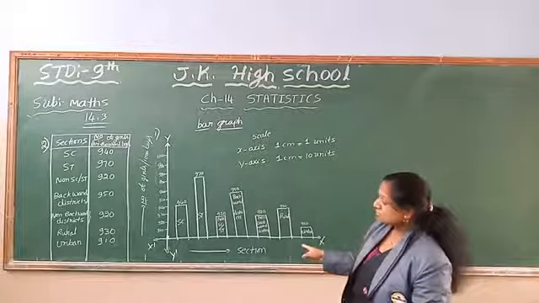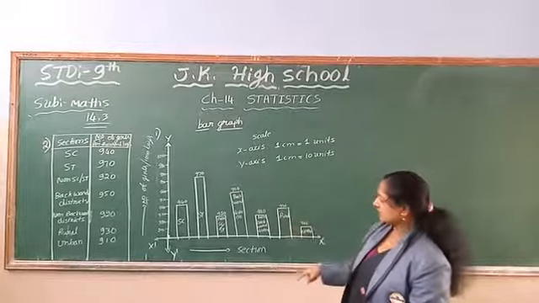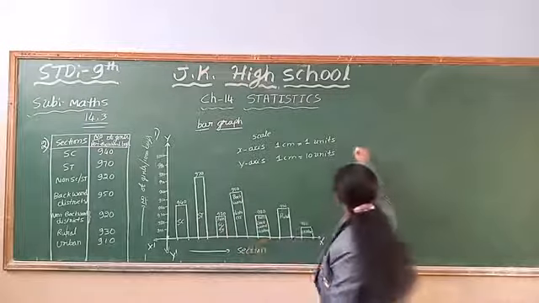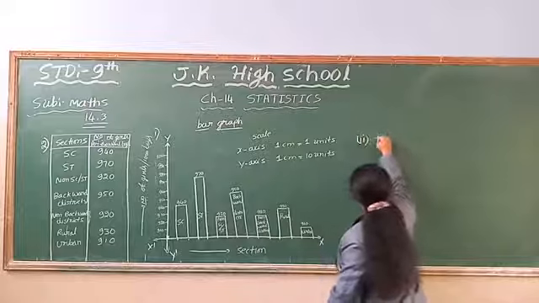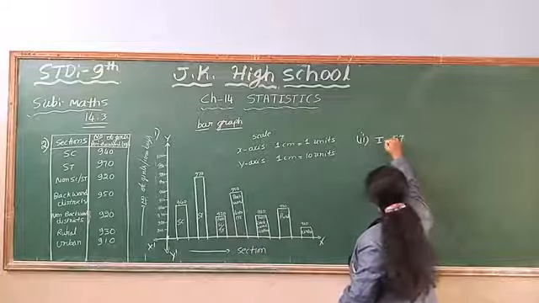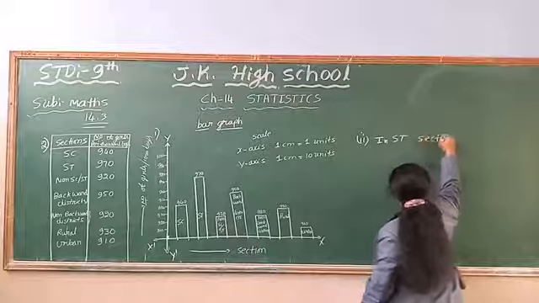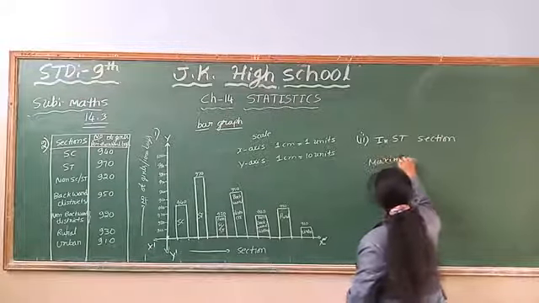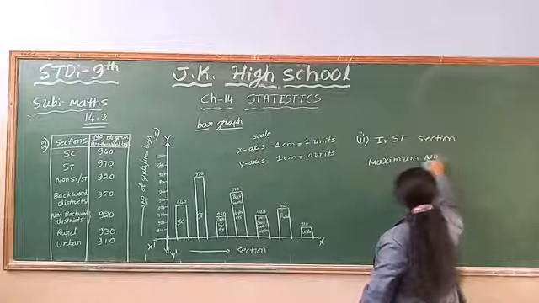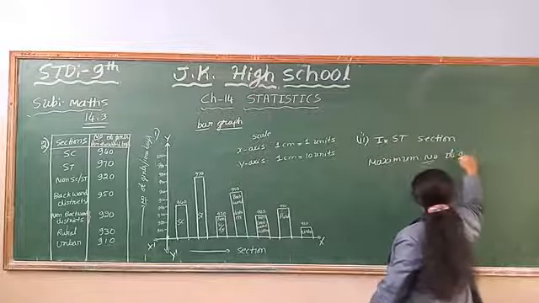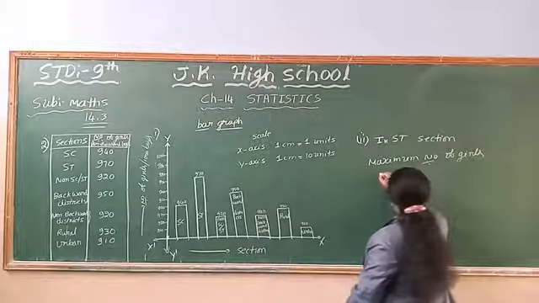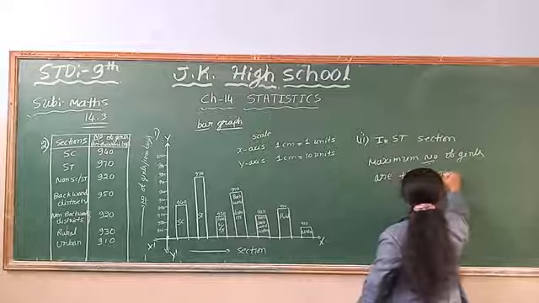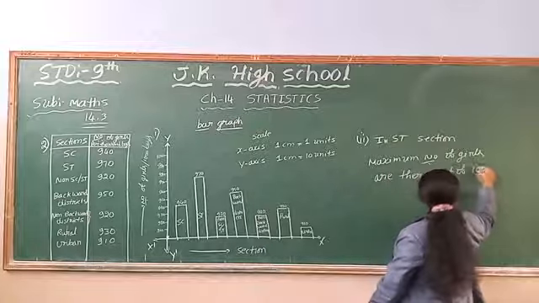In the class we will discuss what conclusions can be arrived at from the graph. When you observe this graph, you will come to know the maximum number of girls are in the ST section, that is 970 out of 1000 boys.